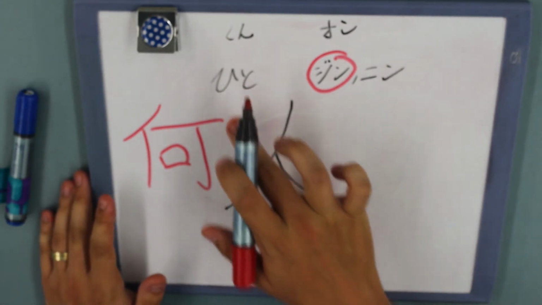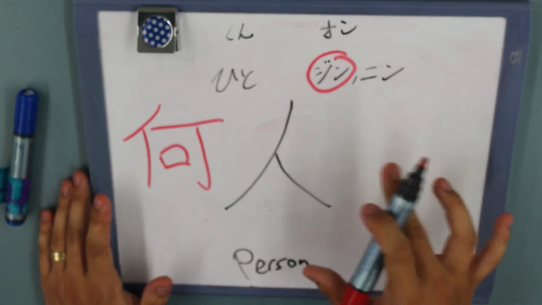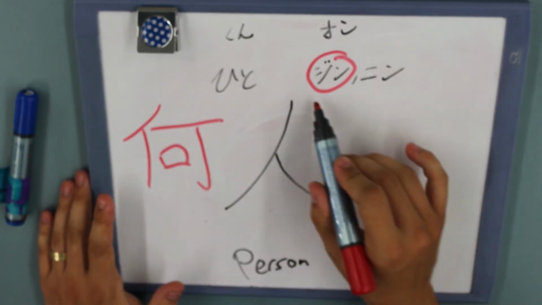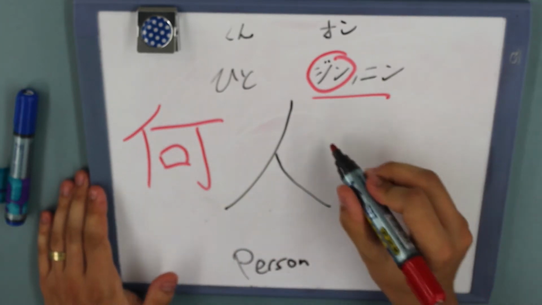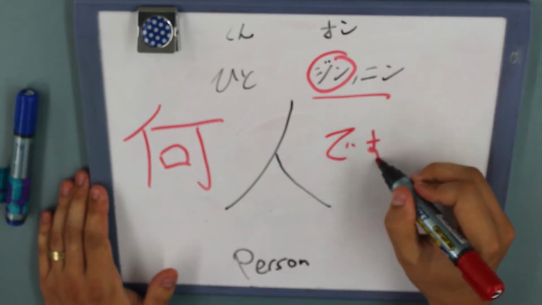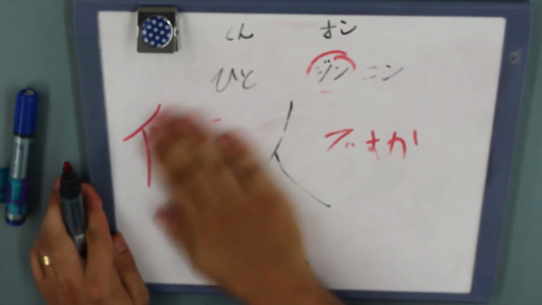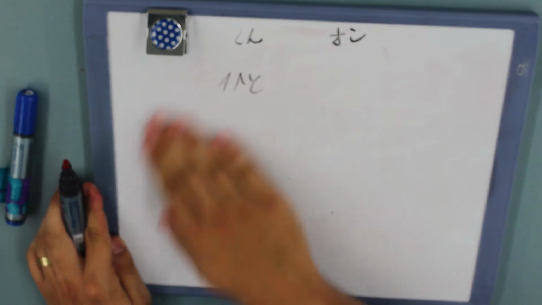The kun reading is the word that can be used by itself. So hito is the word for person and can be used by itself without a combination. These cannot. So nanjin desu ka? What nationality are you?